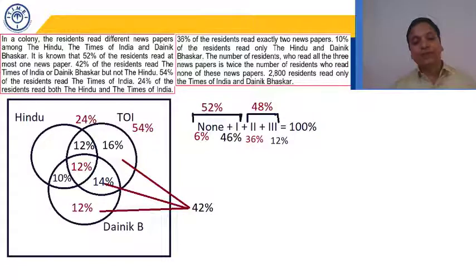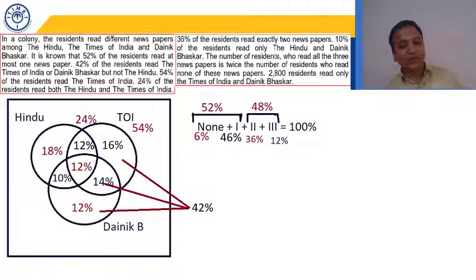Now 46% is the sum of three regions which come into exactly 1: only Hindu, only Times of India, and only Dainik Bhaskar. Now what comes into only Hindu? 16 plus 12 is 28%.